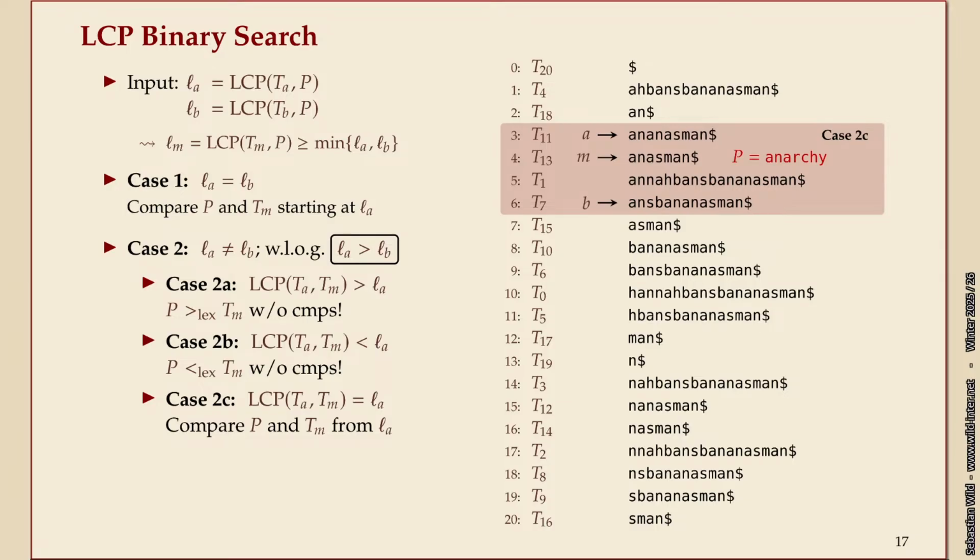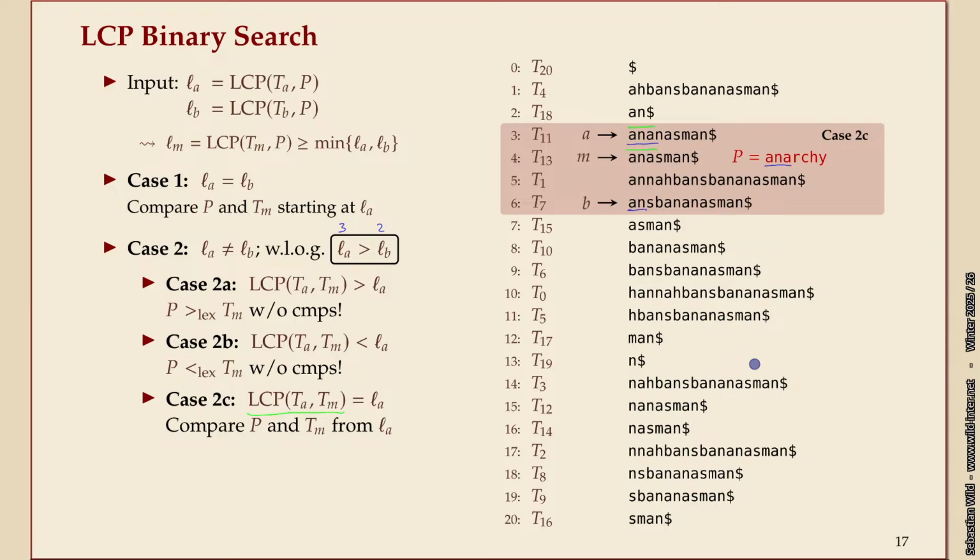Last case, pinky promise, is this one, where these two are the same. And then again, we have to do some comparisons. Let me mark down again what is equal. So we have 3 here and 2. And now the longest common prefix between A and M is also 3, which means we've maximally exhausted our current knowledge.